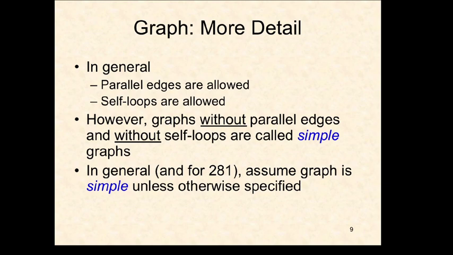But if we disallow them in a specific circumstance, we can make things a little bit easier on ourselves. If I get rid of the parallel edges, then we can make things a little bit simpler. And if I get rid of the self loops, a vertex that connects to itself, things get a little bit easier. So unless we say otherwise, we're talking about a simple graph.